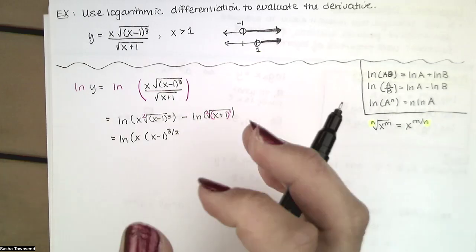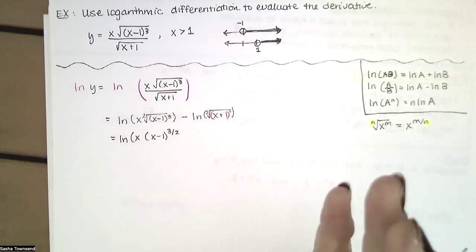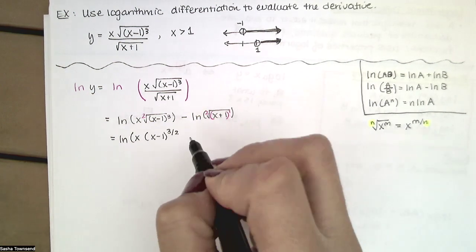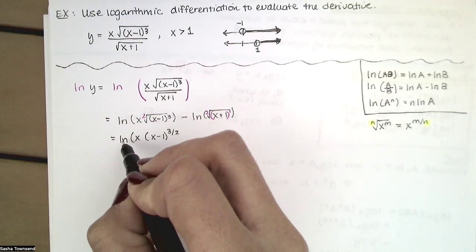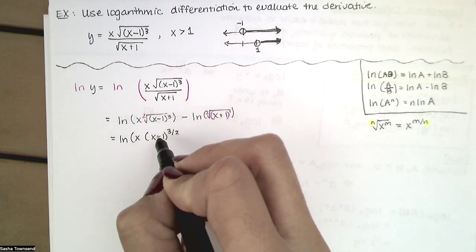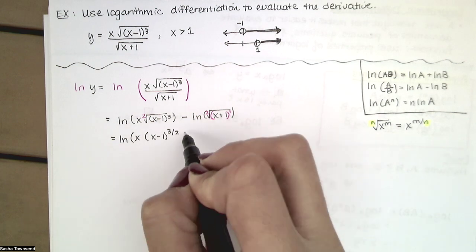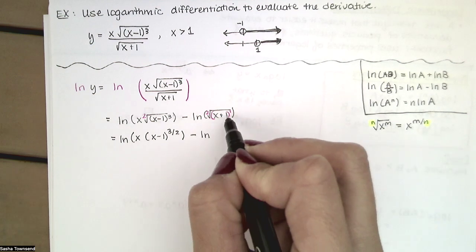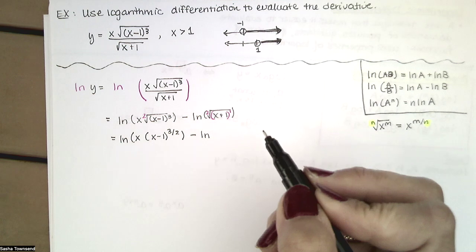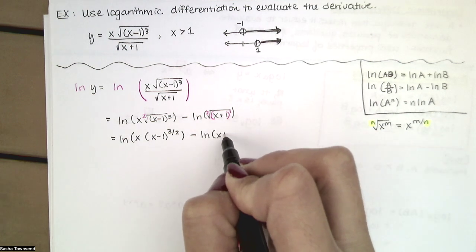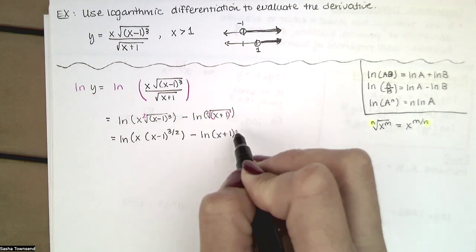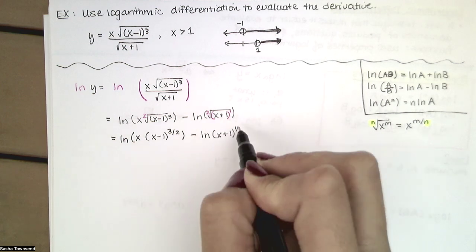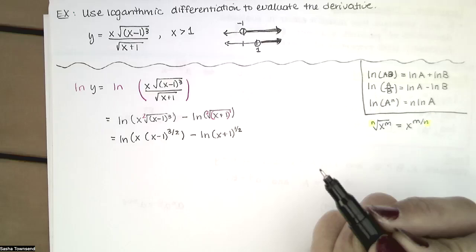The index of the radical is usually explicitly written there, except for with square roots. With square roots, we just assume it's a 2. Okay, so I've got natural log of x times the quantity x minus 1 raised to the 3/2 minus natural log of the square root of x plus 1, which is the same as x plus 1 to the 1/2 power. This exponent goes in the numerator, that exponent goes in the denominator of that rational exponent.